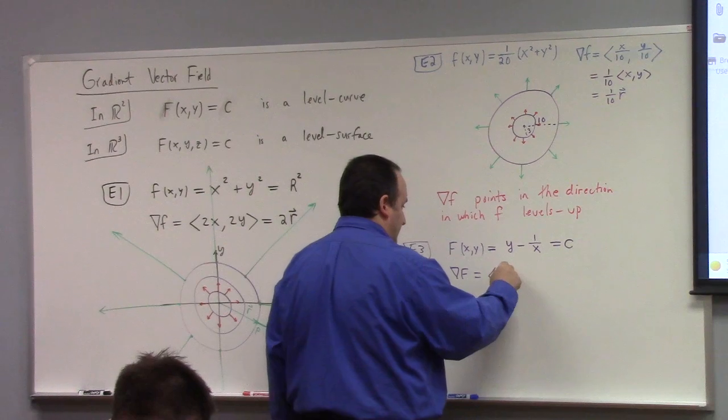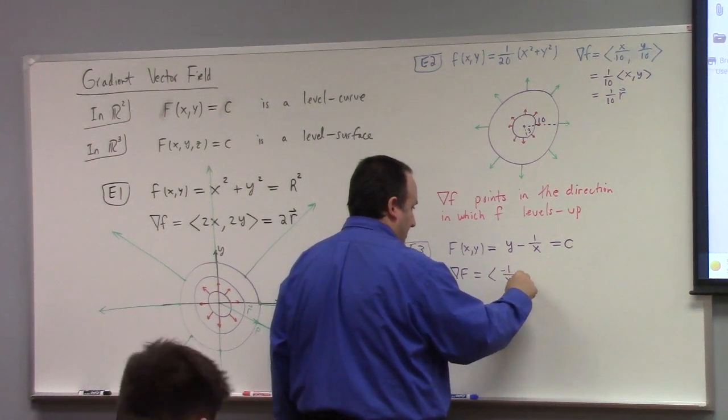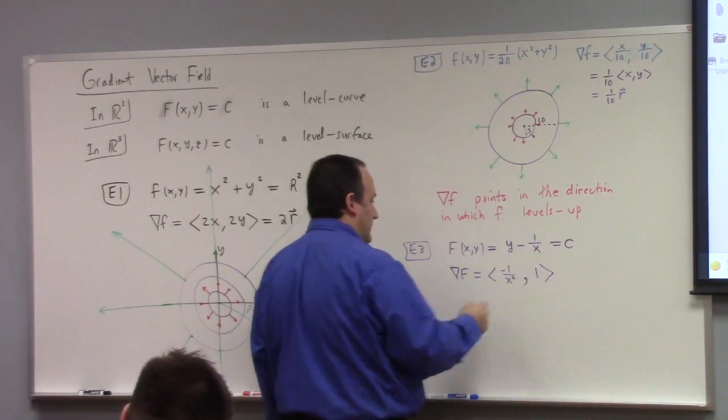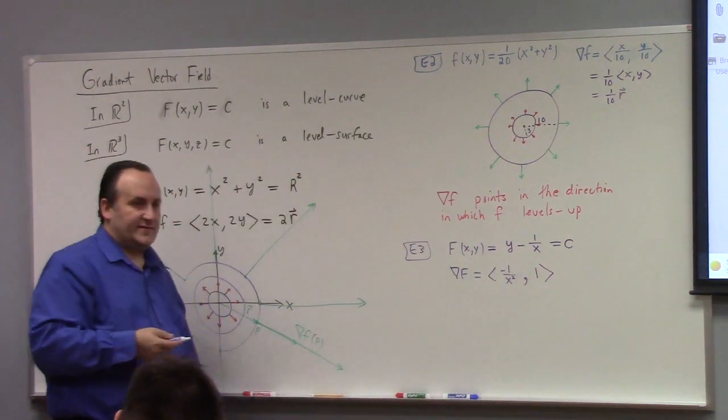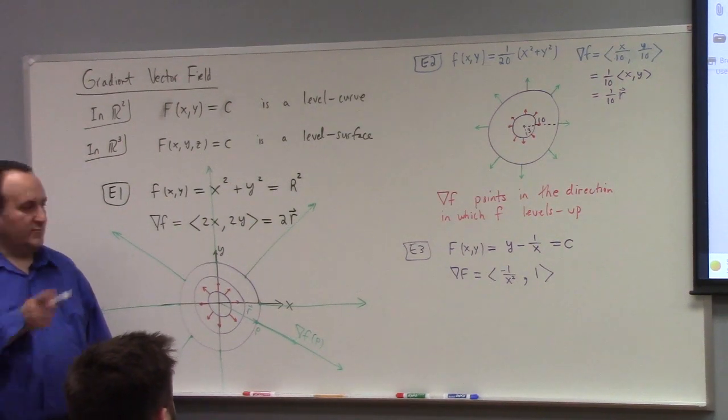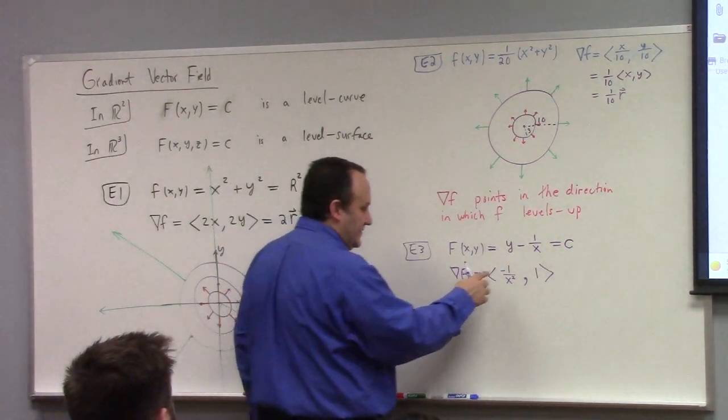Well, it looks like we got minus 1 over x squared, right? Except, do we have that? What's the derivative of minus 1 over x? Am I right? 1 over x squared. I got an extra sign in there, right? So, like that.